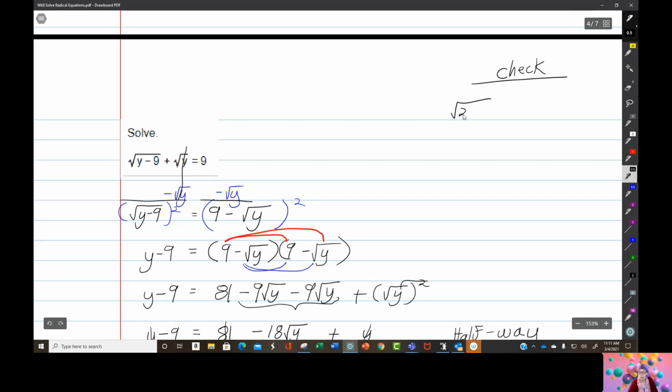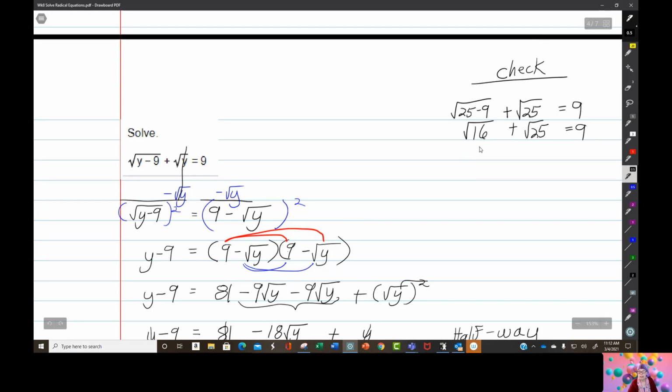The square root of 25 minus 9 plus the square root of 25 equals 9. Well, 25 minus 9 is 16, so the square root of 16 plus the square root of 25 equals 9.